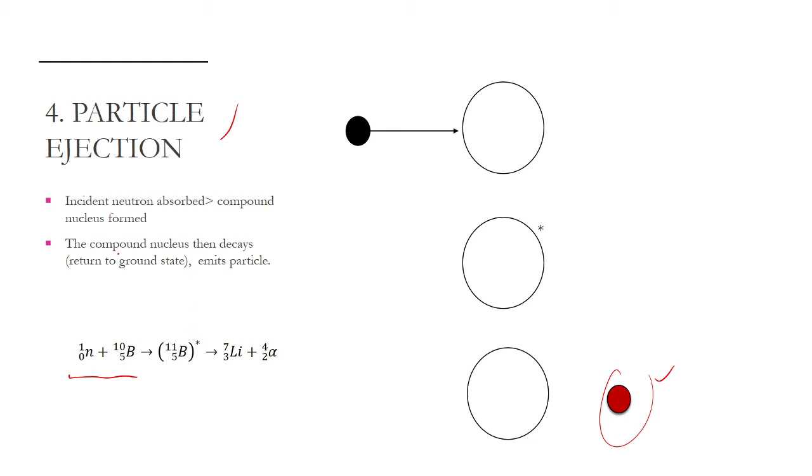So the compound nucleus is boron 11, and it has no choice but to decay according to alpha decay, to end with a stable state or the ground state lithium 7, as well as emitting gamma ray and emitting an alpha particle.